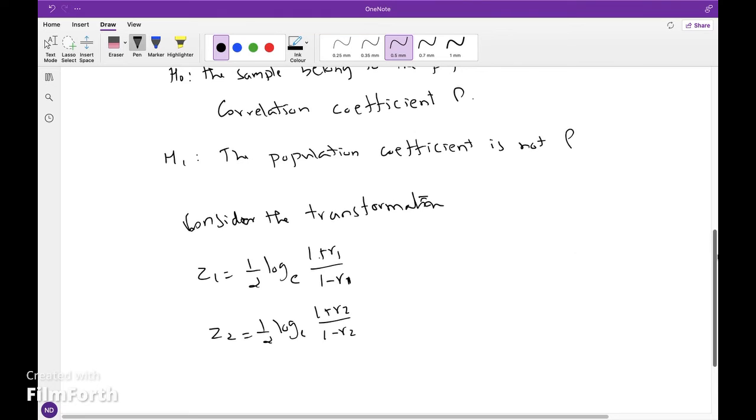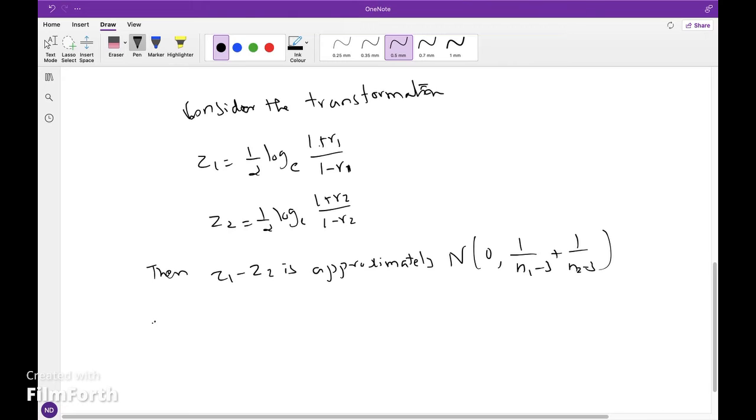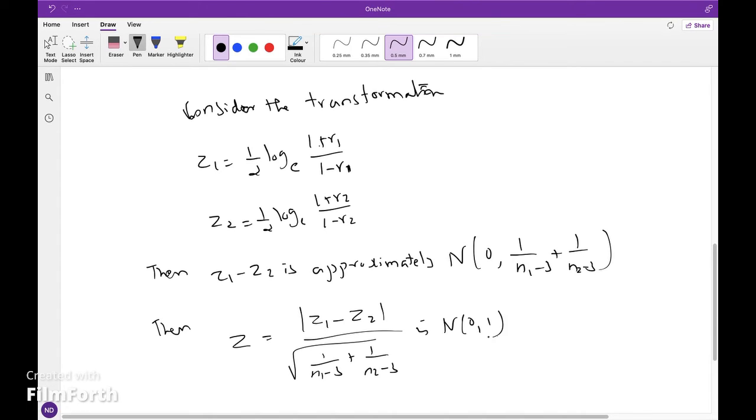Then Z1 minus Z2 is approximately N(0, 1/(n1 minus 3) plus 1/(n2 minus 3)). Then Z equal to modulus of (Z1 minus Z2) divided by the square root of 1/(n1 minus 3) plus 1/(n2 minus 3) is N(0, 1).